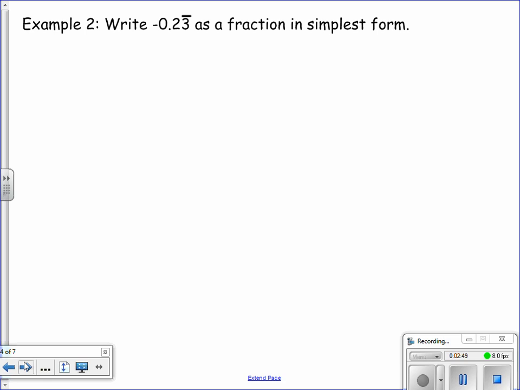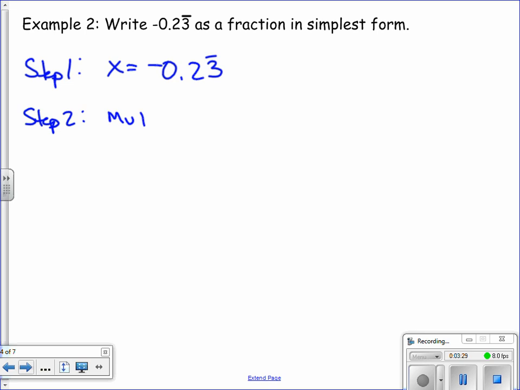Example 2, we're going to write negative 0.23, just the 3 repeats, as a fraction in simplest form. So our first step, remember, is to write the equation x equals negative 0.23 repeating. So we just write x equals whatever that repeating decimal is. Now, in step 2, we have to see if we're going to be multiplying by 10 or by 100. Only the 3 is repeating, so we have only one digit repeating.